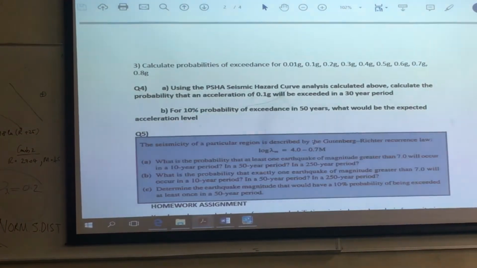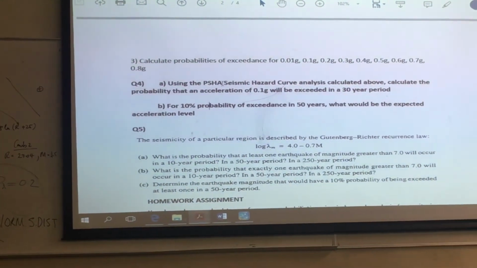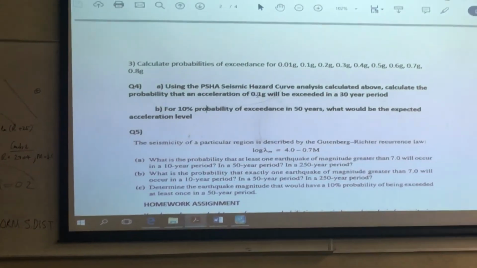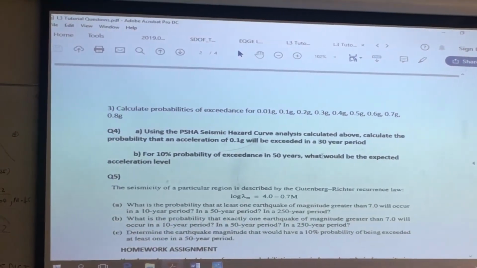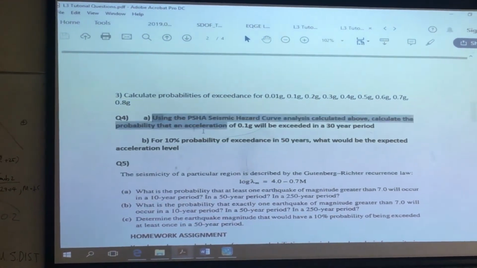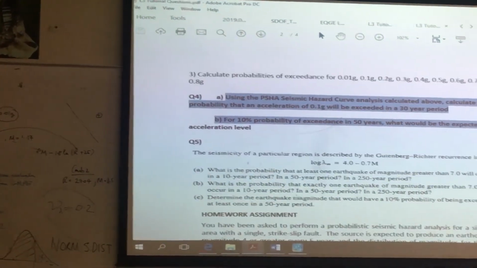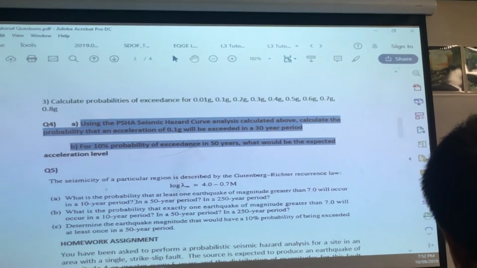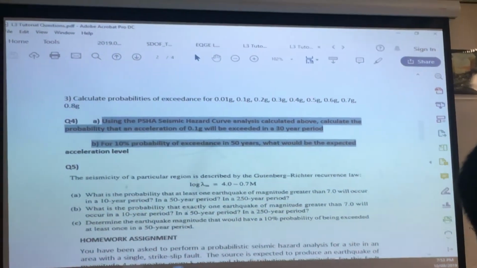So answering these questions here. For this one, using the PSH seismic hazard curve, calculate the probability that an acceleration of 0.1 g will be exceeded in a 30-year period. These two questions you can try. We'll have a look at the solution, and these questions you can have a look at the solution too.